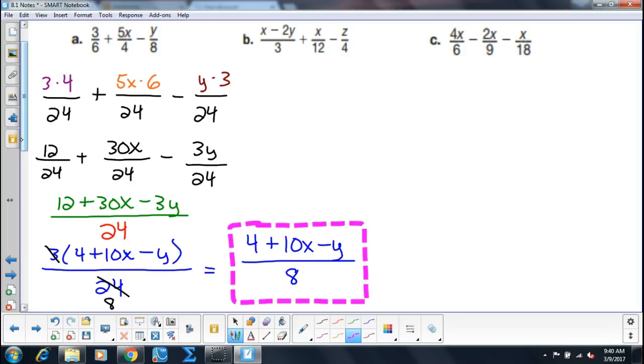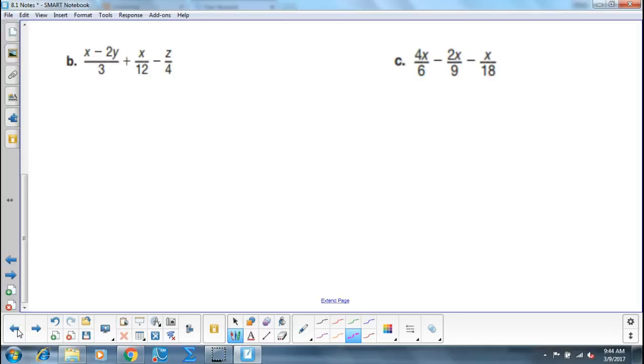Okay? You try now B and C. First one, common denominator. 12. Do we all agree with 12? I like 12. Come on now, there it is. Okay, so what do I have to multiply the first part by? 4.